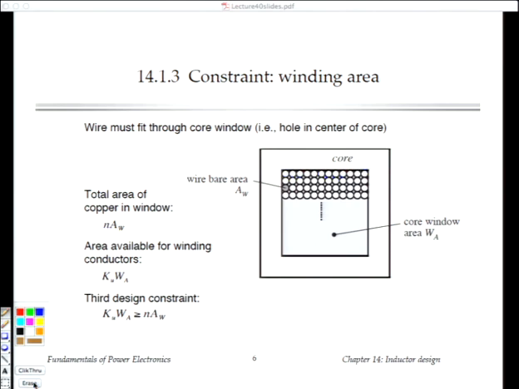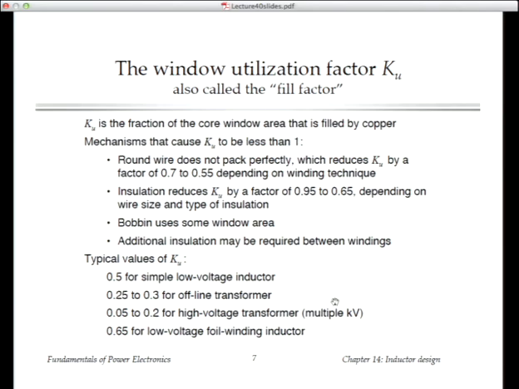In fact, there's a big long list of reasons why we can't fill the window with wire, and here's a list of them. So the round wire doesn't pack perfectly, so that reduces the fill factor or utilization factor down to something like 0.7 to 0.55, depending on how you wind it.